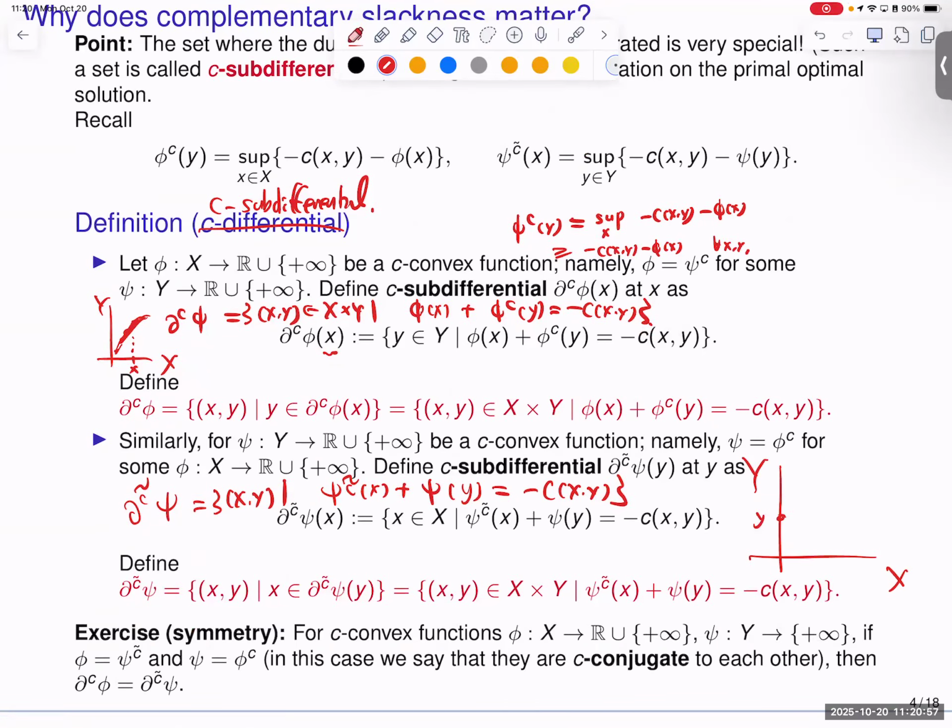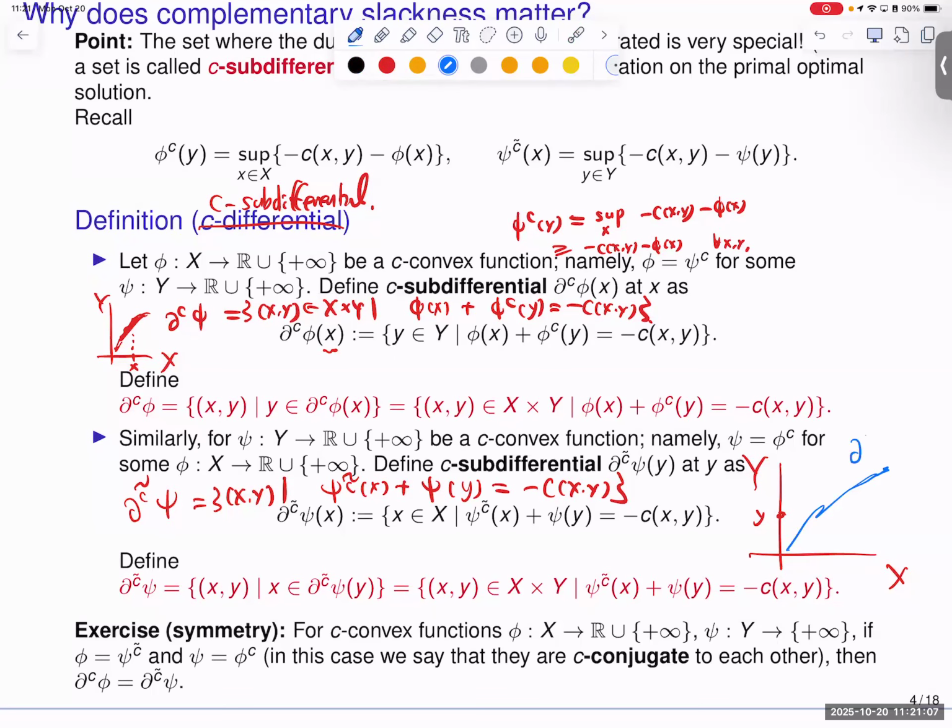Before you consider this, you have this set, the C subdifferential of psi, and then for each y, you consider the set of x belonging to this set. That is exactly this definition.